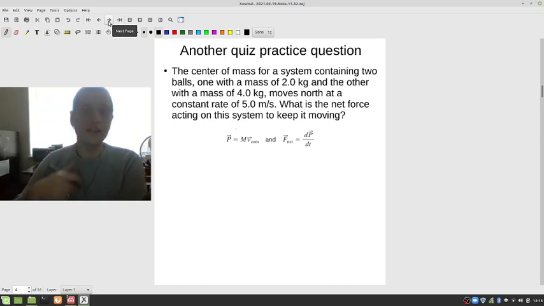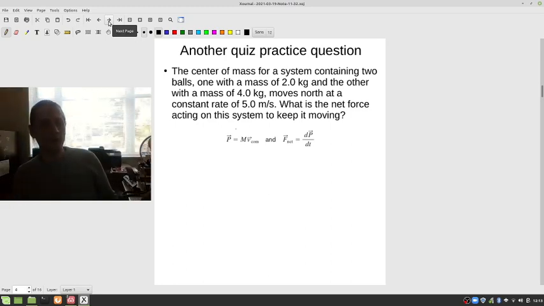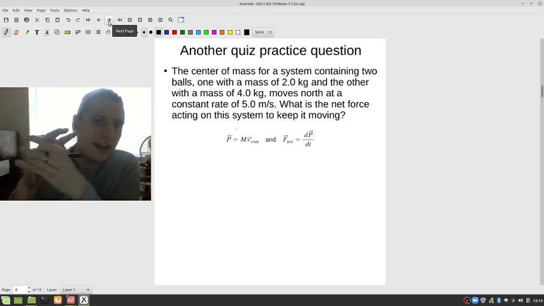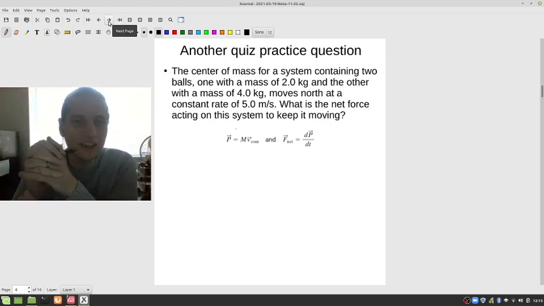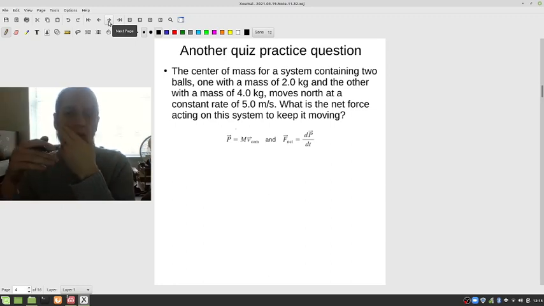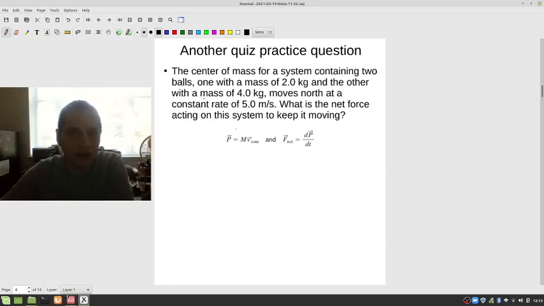Well, when I read this, it smells like flarf to me, because the net force acting on the system to keep it moving, you don't need a net force to keep you moving. Newton tells us that you keep moving whether or not you have a net force. What you need a net force for is acceleration. So in this case, if it's going north at a constant rate, the question is, what is its change in momentum?